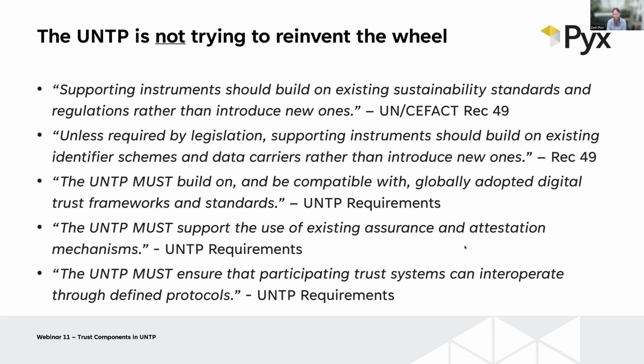There's a whole existing assurance and attestation mechanism that backs all of that, so we want to make sure we're able to leverage that. And the UNTP must ensure that participating trust systems can interoperate through defined protocols. Again, making sure we're not reinventing the wheel.